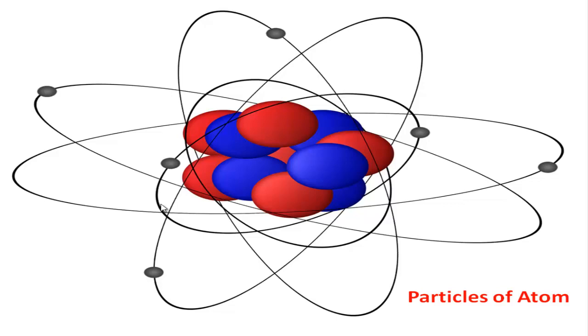Nowadays scientists have proved that atoms can be broken, and if we break an atom then we will get different particles, and among these, three particles are fundamental. So today we will learn about these particles and about the structure of the atom.